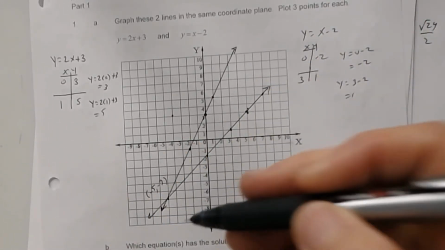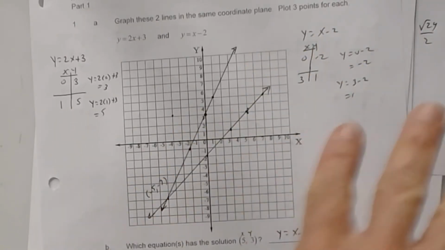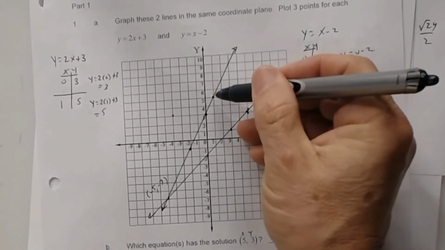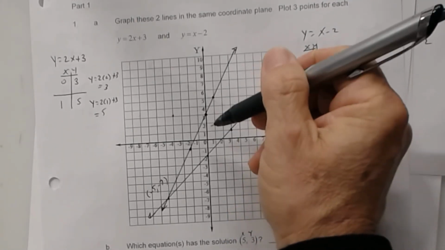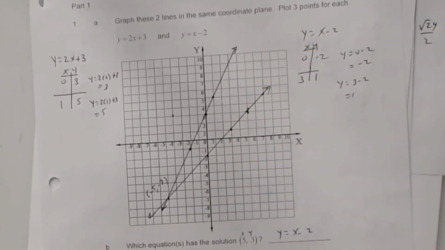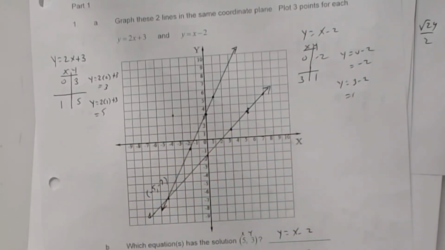If you use a very thick point, it's not going to be precise. And if you don't put the points where they need to be, if it's a little off, like mine was a little off, you may not get the exact solution. So solving a system by graphing is not the best way to solve a system.